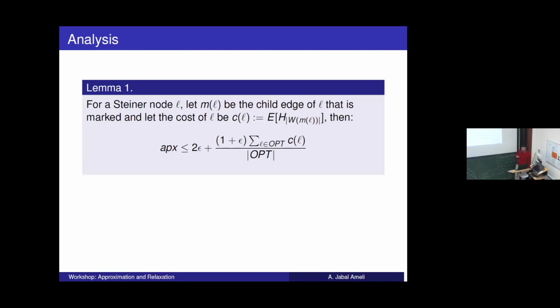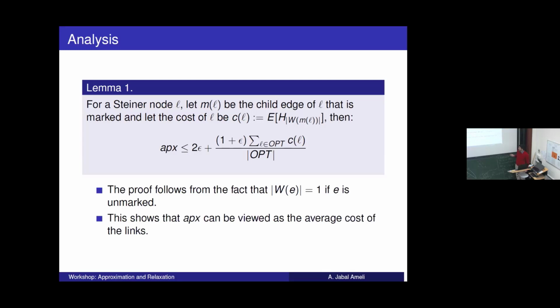So from now on, the approximation factor for us is basically the average cost of the links, or the average cost of the Steiner nodes. To prove this, it's just some algebraic manipulation, and the fact that if an edge is unmarked, then the size of the witness set is precisely 1.